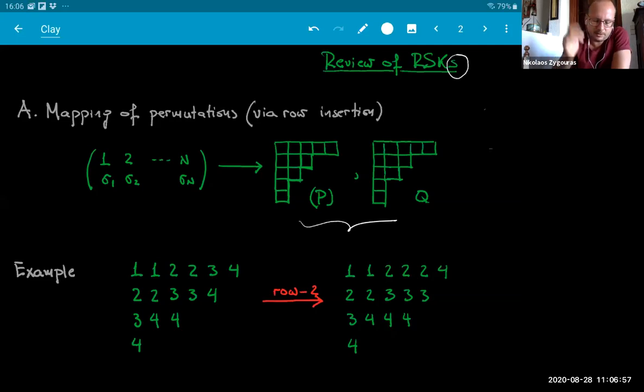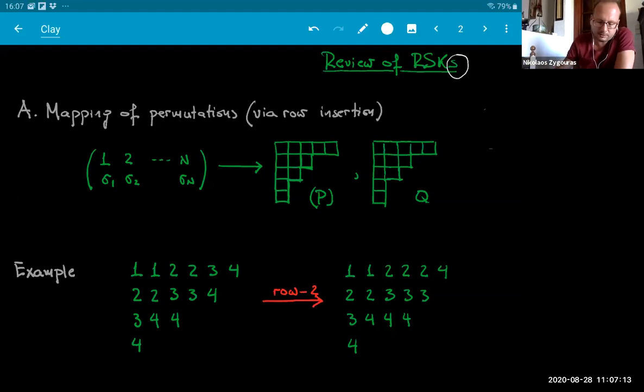The permutation can also be a generalized permutation, so you can have repetitions of 1s and 2s and n's, and that's going to be of importance later on when we generalize RSK to cover cases that have to do with polymers.